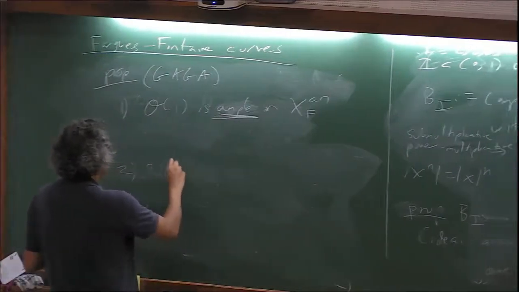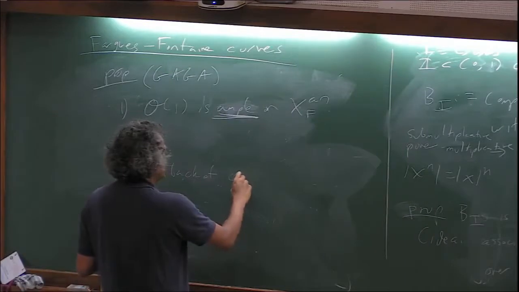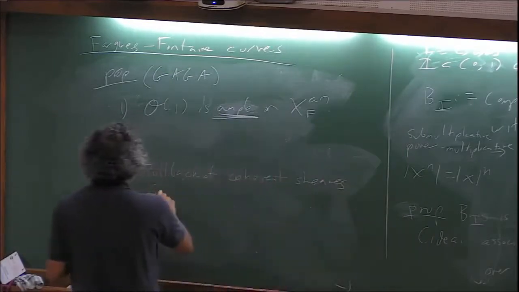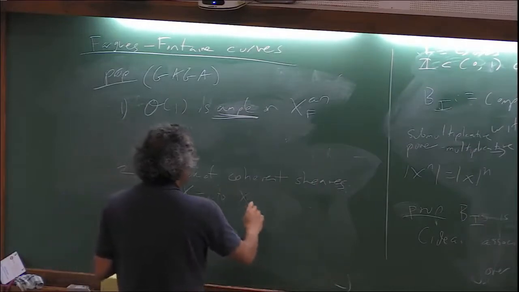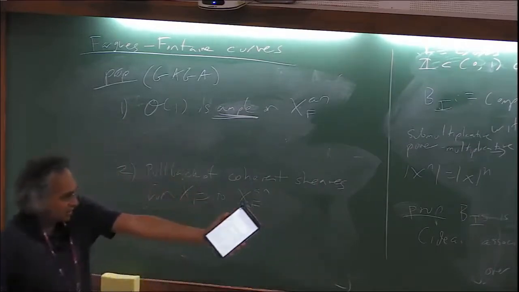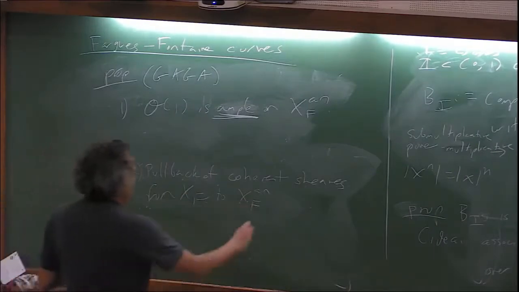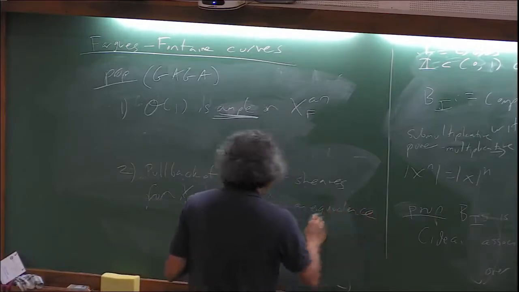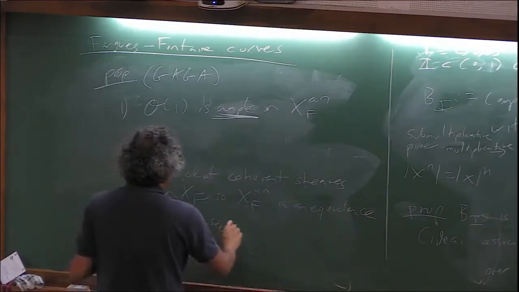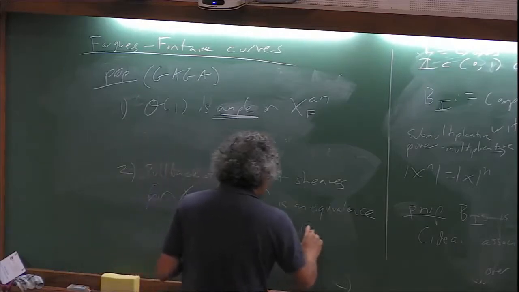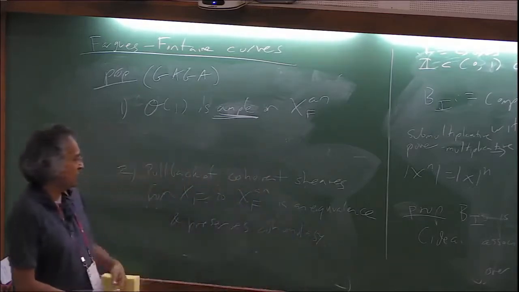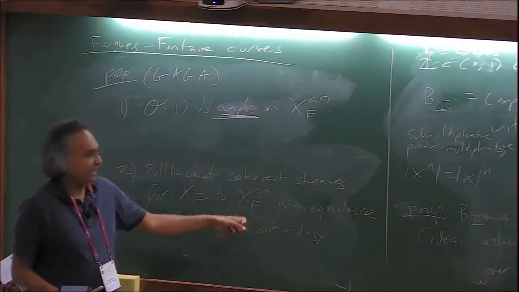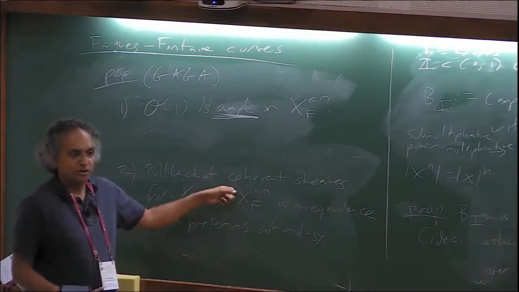So pullback of coherent sheaves from X_F to X_F^N, meaning literally pull back along that morphism of locally ringed spaces over there, is an equivalence of categories between the coherent sheaves on the two sides, and preserves cohomology. And as usual, when you prove GAGA, you state it in this order, but you prove it in the opposite order. You check it preserves cohomology first, and then you use that to prove it is an equivalence.